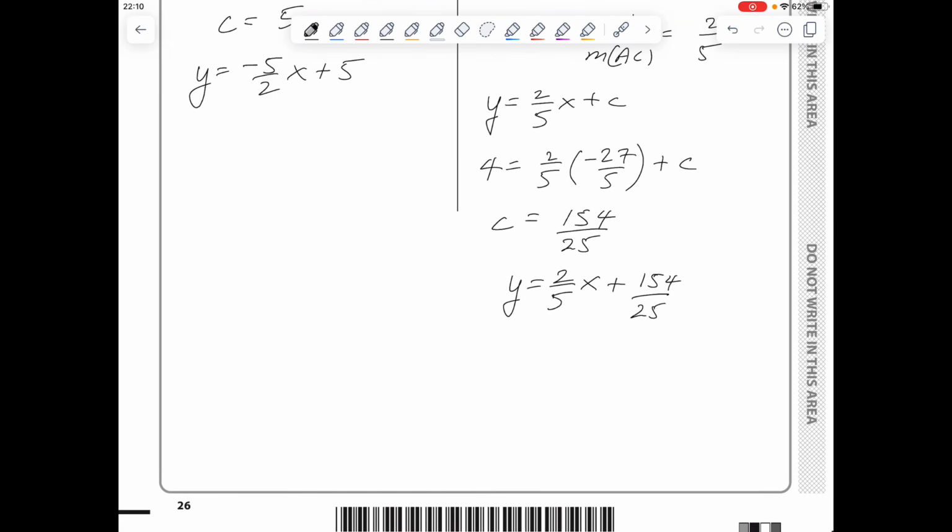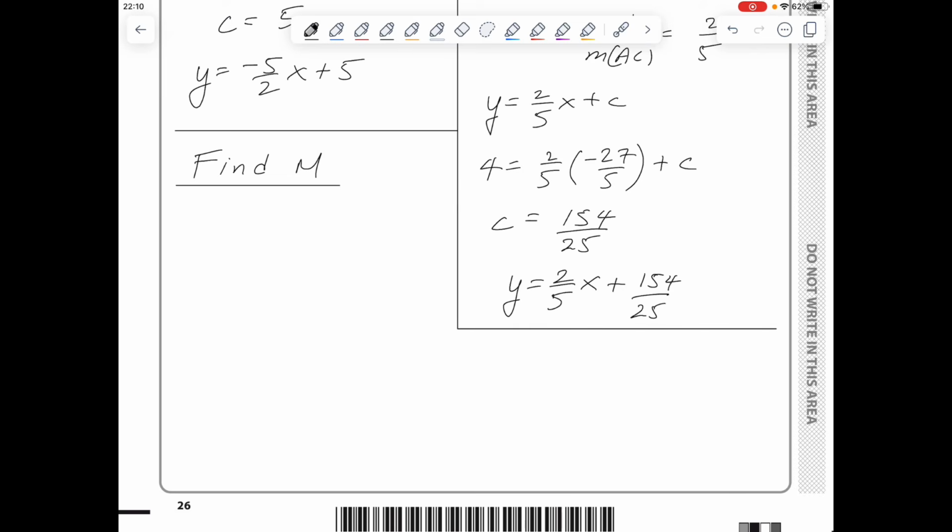Next, I'm going to try and find M by solving simultaneously these two equations. So by substituting one into the other, I get minus 5 over 2x plus 5 equals 2 over 5x plus 154 over 25.